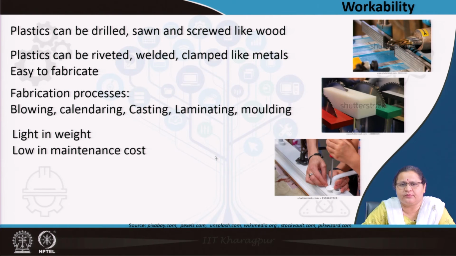When we did brick, you were joining by mortar. So, you have to use plastics in a usable way in a building. You need to do certain operations on it. Similar to metals, plastics can be riveted, welded, clamped.